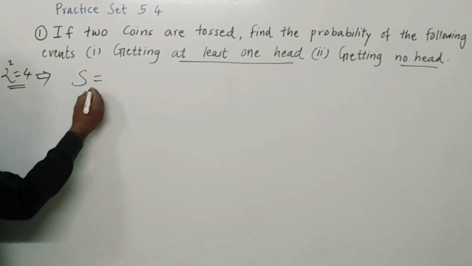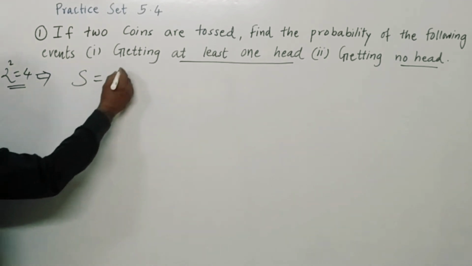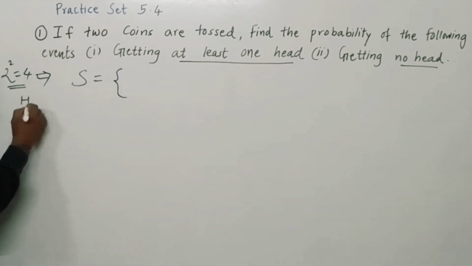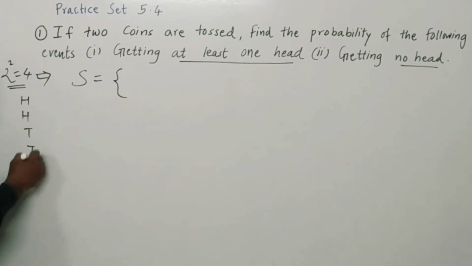So sample space S is equal to {HH, HT, TH, TT}. So 4 outcomes, 4 sample points.